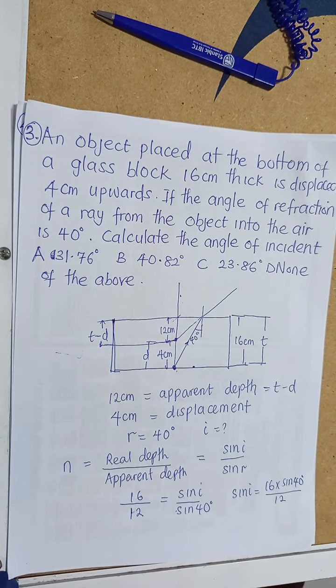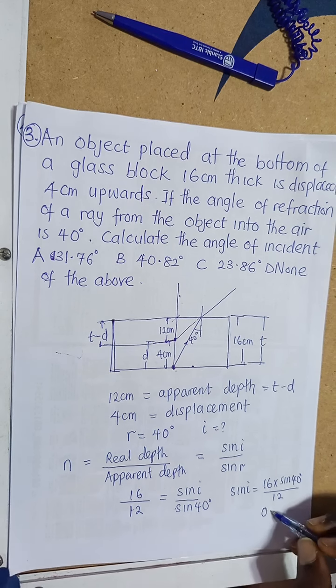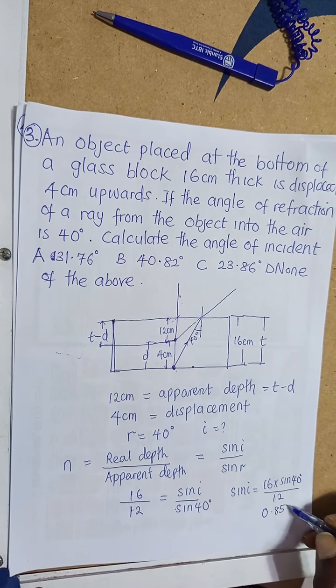So what do we have? 16 times sine 40 will give us 10.29, divided by 12 will give us 0.857.